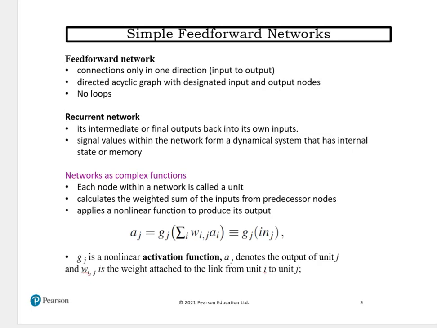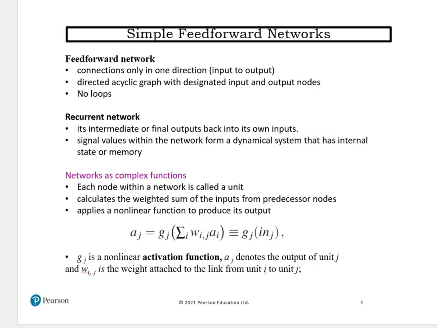So we're going to start this chapter by describing simple feedforward networks, their components, and the essential learning in such networks. Then we'll get into more detail on how deep networks are constructed based on those simple feedforward networks.